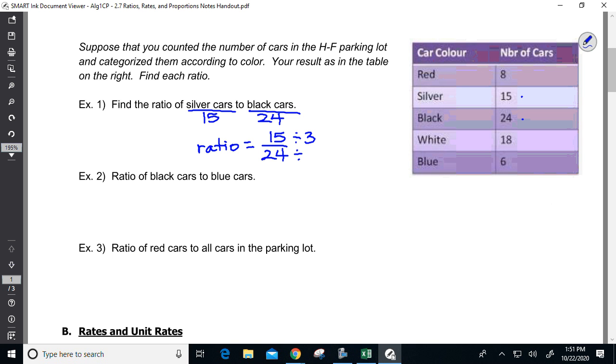Divide everything by 3. We get 5 over 8. Always reduce. Not reducing is bad. Questions on example number 1?